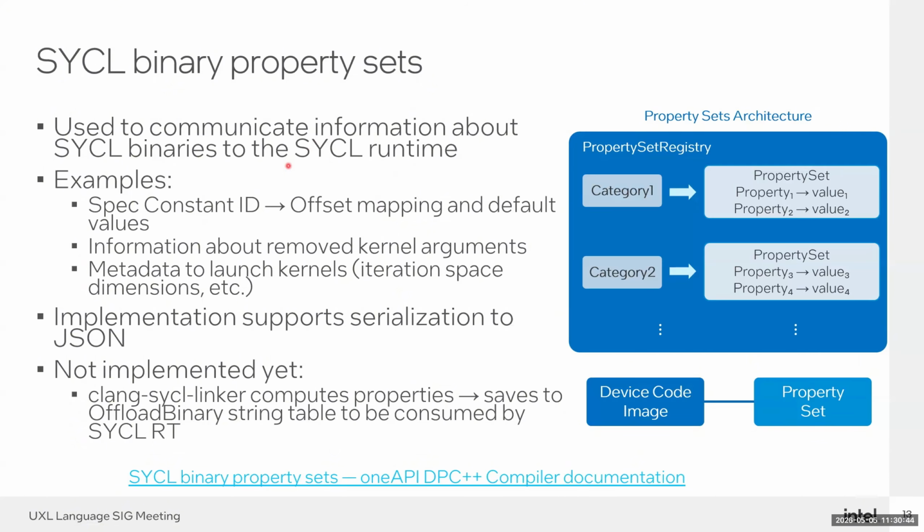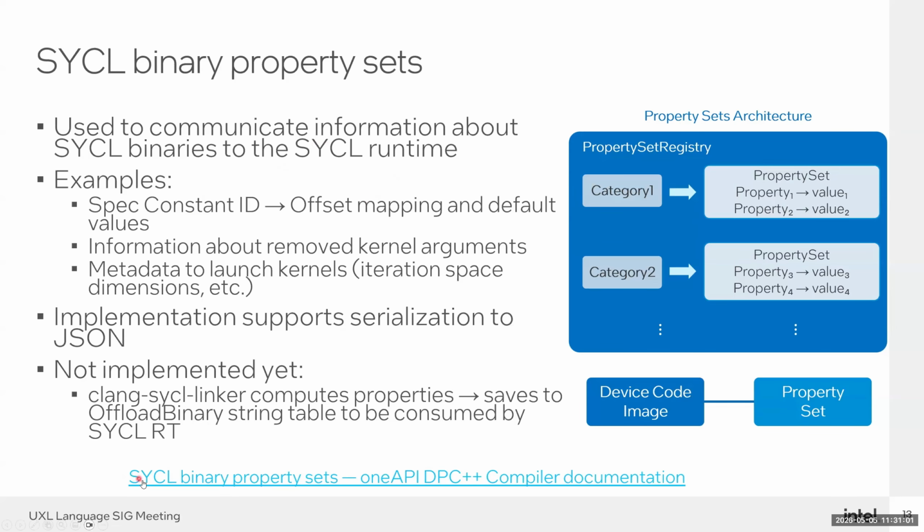It can be information about, for example, removed kernel arguments due to kernel arguments optimization. It can be some metadata, like how to launch kernels, for example, what are iteration space dimensions. It can be a lot of stuff.